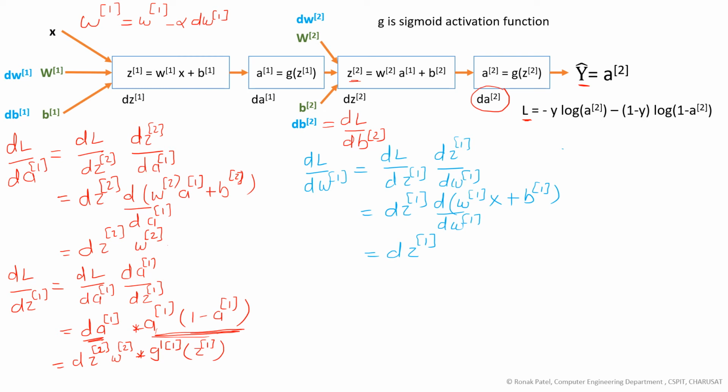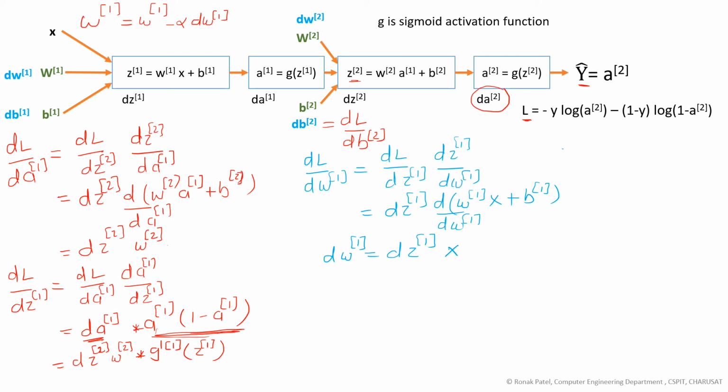So X is constant, so dW1 upon dW1 will be 1, plus this is constant, so again the derivative of constant is 0. So what we'll get is the derivative of this, that is X. So dl upon dW1 is dZ1 into X.